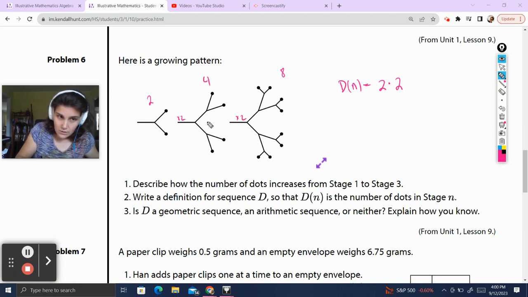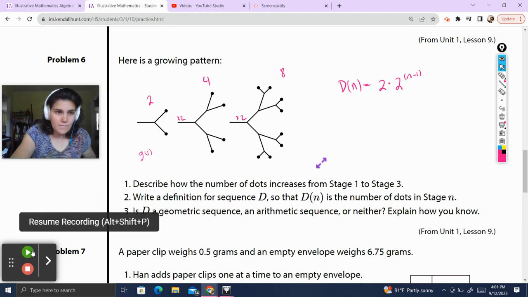My second term is multiplied by 2 once, so it's going to be n minus 1. My third term is multiplied by 2 twice. So because our initial term in this case is g of 1 and not g of 0, we're going to put that n minus 1 to define this. So that's how we define the number of dots in stage n.